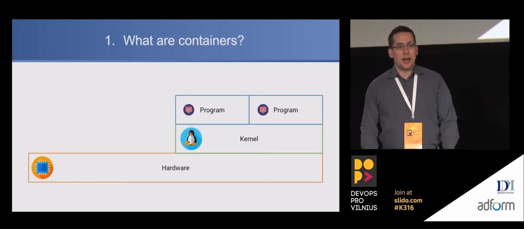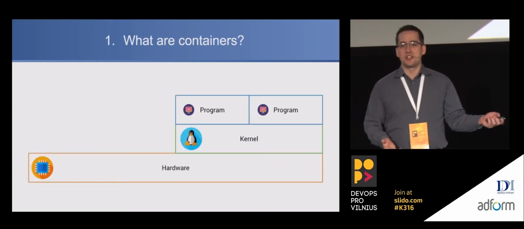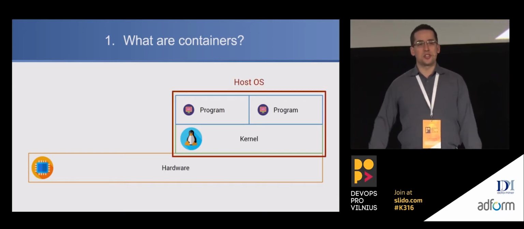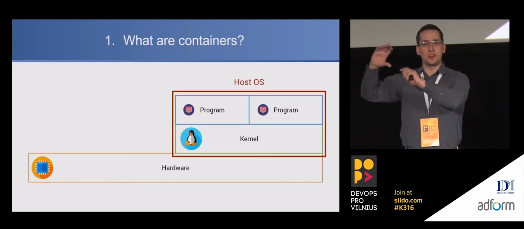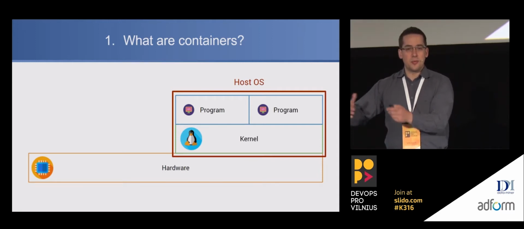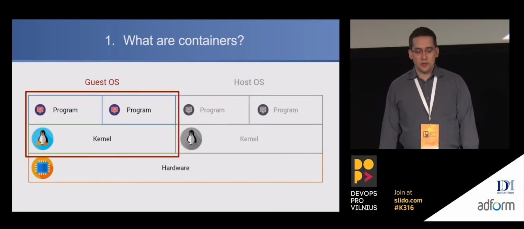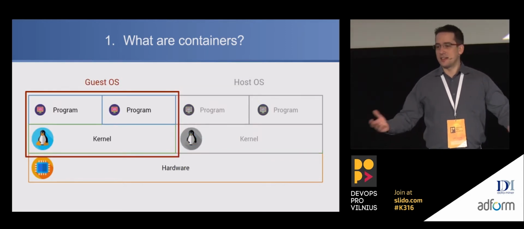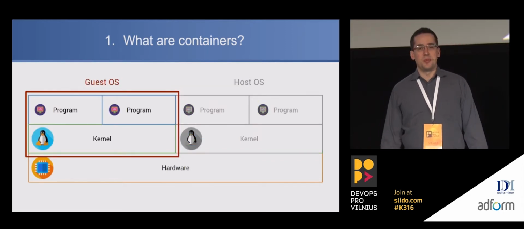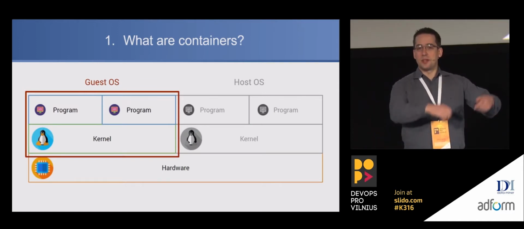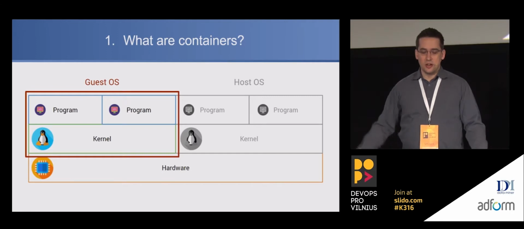So how is this different from virtualization? In virtualization, you have one piece of hardware, you have the host operating system. The host operating system has its own kernel, and above that kernel are the programs that are running in user space. If you have a guest operating system, and assuming that you have a CPU that supports this, then it's going to run a separate kernel, a separate piece of user space programs on top of the hardware.